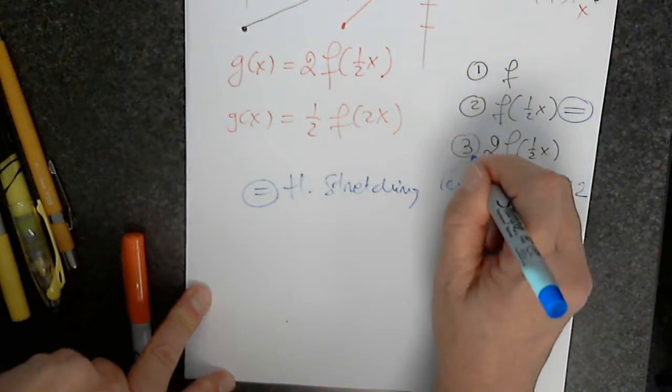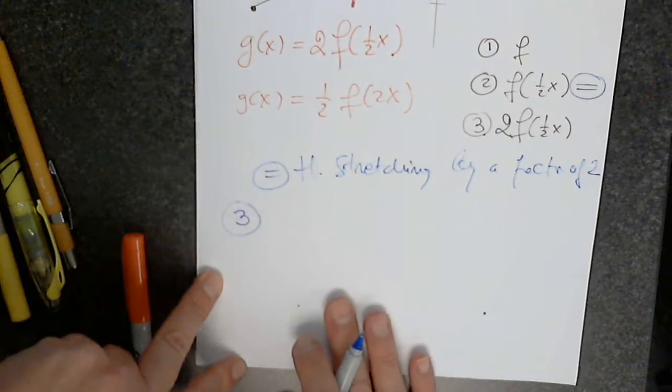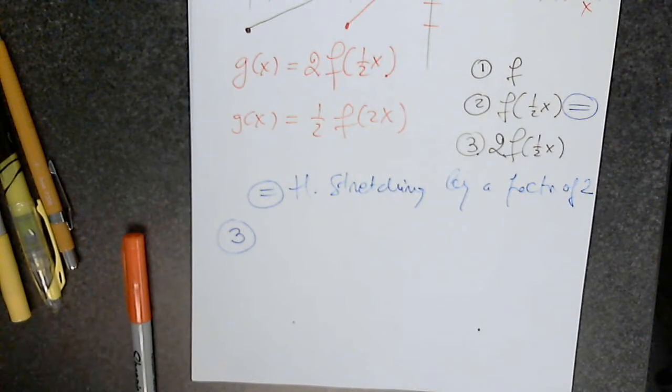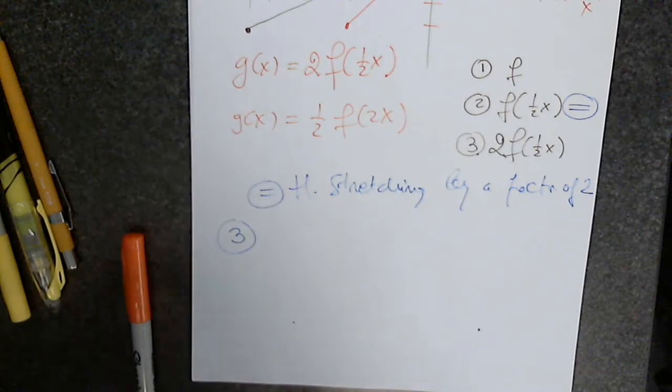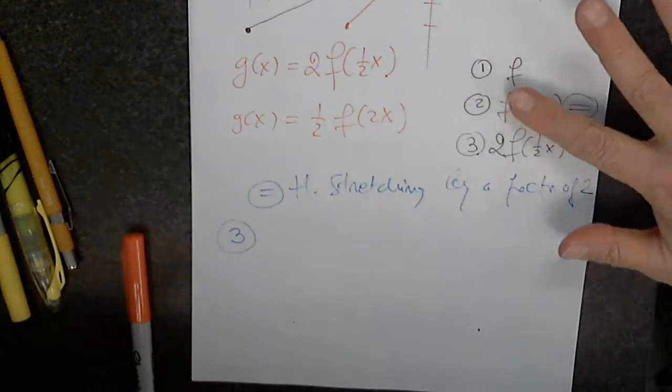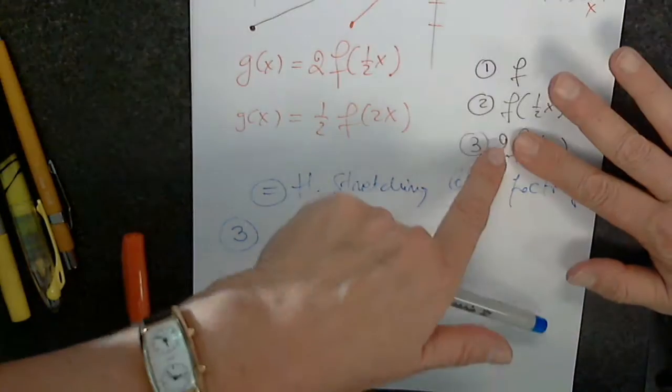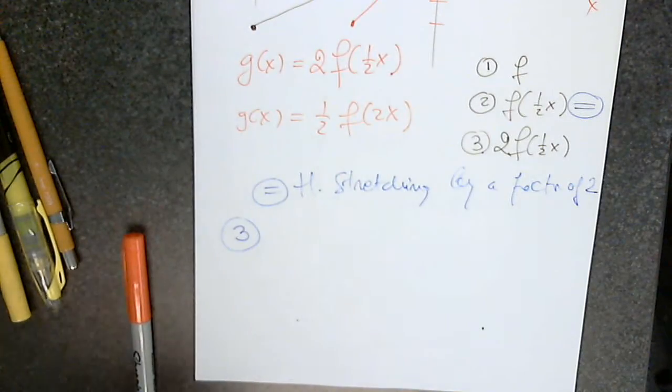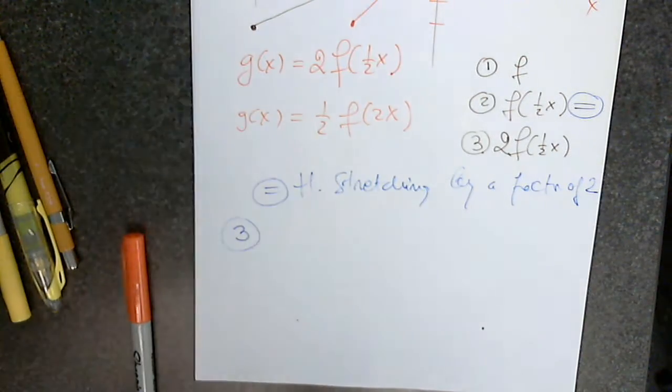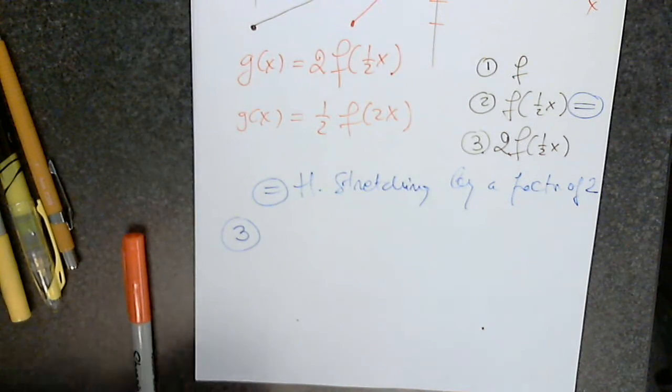Now, what is number 3? What is transformation number 3 on function number 2? So this is y and this is twice y. What happens with twice? No, twice y. Twice y. Remember the absolute value? 3 times the absolute value.